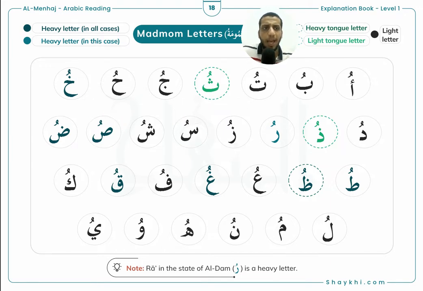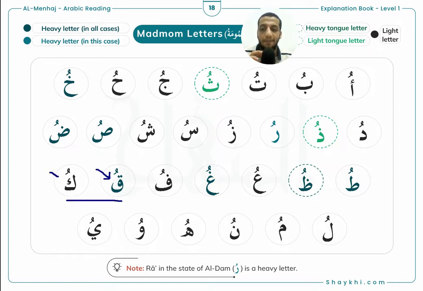We have also this zu, su. The difference also is just the vibration of the vocal cords. Su, there is no vibration. Zu, there is a vibration. Also we have here qaf and kaf.